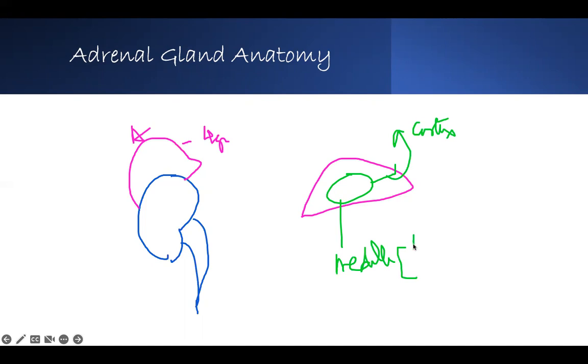The medulla secretes catecholamines, which are epinephrine, norepinephrine, and sometimes dopamine. So these 3 catecholamines come from the adrenal gland, a very small organ, but very, very important. That's why you have to know every bit about it.